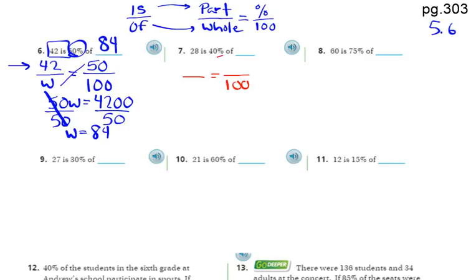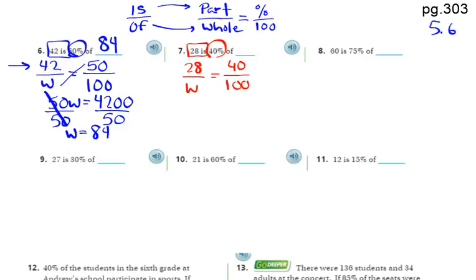I notice in the problem here, 28 is 40% of something, so 40%, put that over the 100. Notice I did not put the percent symbol with it because 40 over 100 is equal to 40%, and we're just putting it in ratio form. Next thing I notice, I have 28 is 40%, so that's got to go on the top. And again, we're solving for the whole.